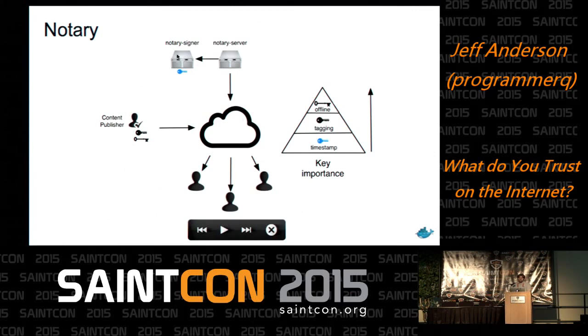So basically, Notary runs a client-server model. So there is a server running somewhere, and the one for Docker images is hosted by Docker. The Notary signer holds just the timestamp key.